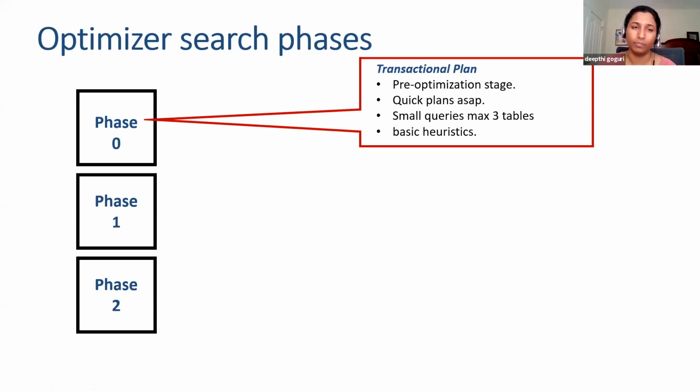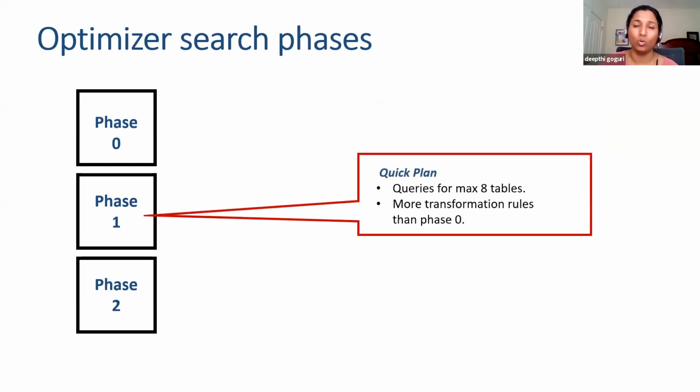But what about phase 1? Phase 1 is known as quick plan. The execution plans generated here are also created very quickly, for queries with a maximum of 8 tables in them. More transformation rules are needed than in phase 0.